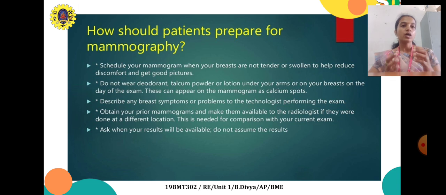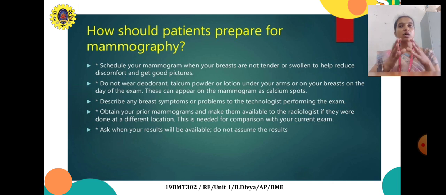Make the appointment with the doctor when the breast is in good condition. It should not have any discomfort.